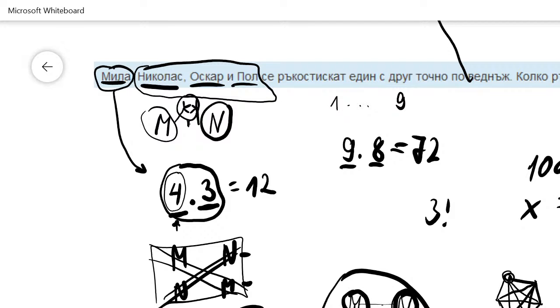The next person we choose will high five with X minus 1 persons, because if we high five it with N again, there will be two times this and M, which we don't want. So it is like we have the numbers from 1 to, let's say, X minus 1.